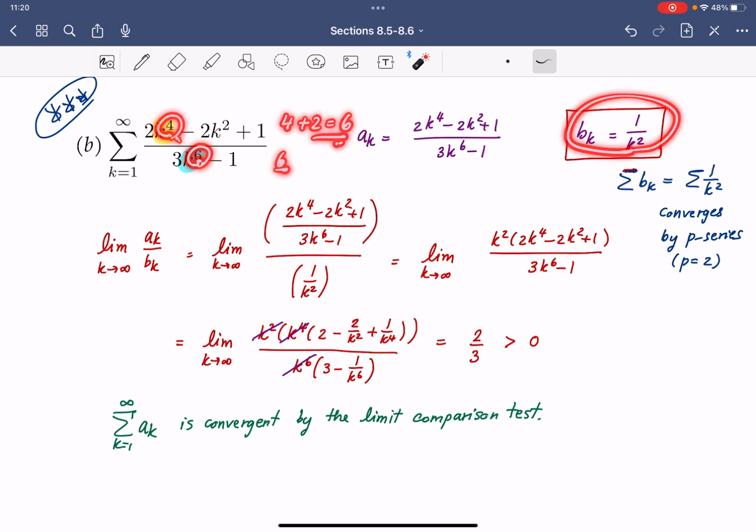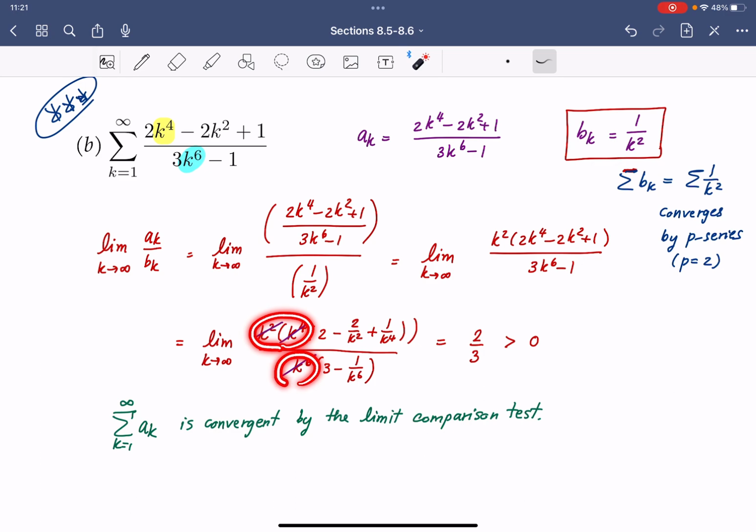Because then I'm going to have k to the 6 and k to the 6, and they cancel out. So you can answer the limit by just looking at the coefficients. And once you have this, if you pick 1 over k to the p, it doesn't matter, you know the pattern of this already by the p series. Does it make sense?